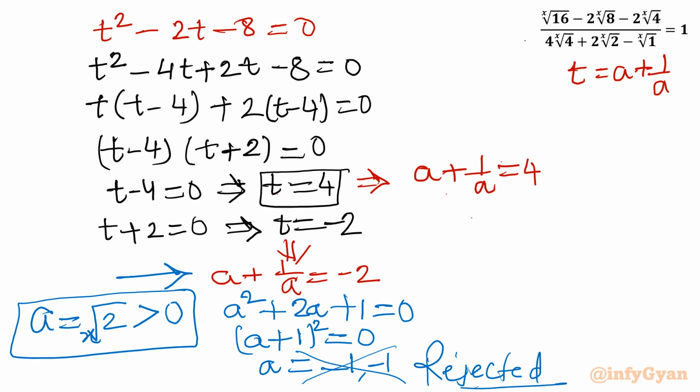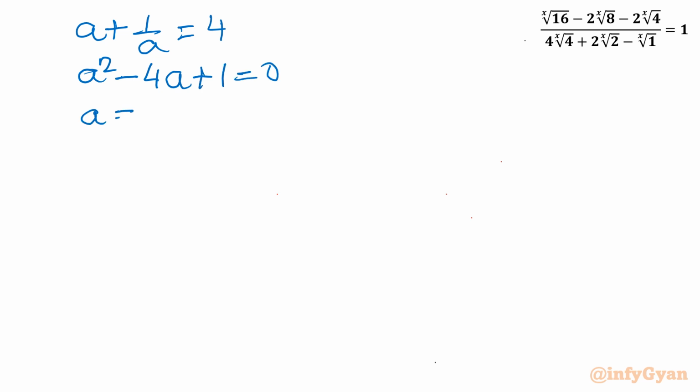Now let us consider this equation, a plus 1 over a equals 4. Take LCM: a square minus 4a plus 1 equals 0. Let's apply the quadratic formula. a equals minus b, so 4, plus minus under the root b square, so 16 minus 4ac, minus 4, divided by 2a, so 2.